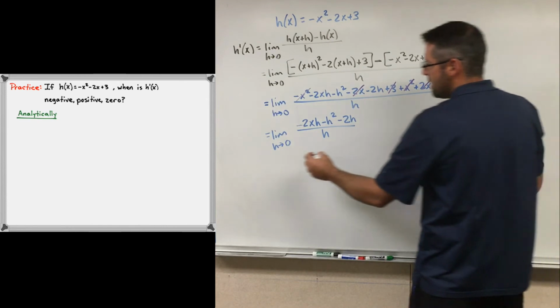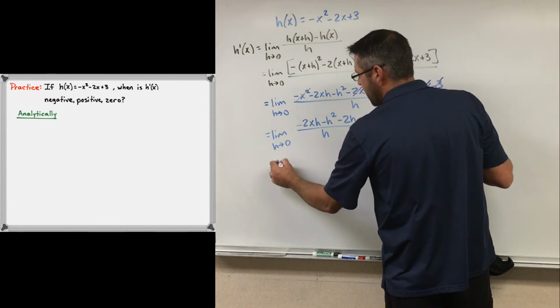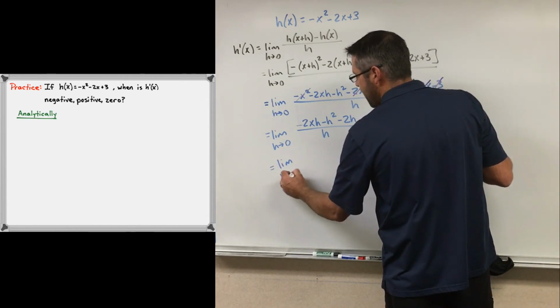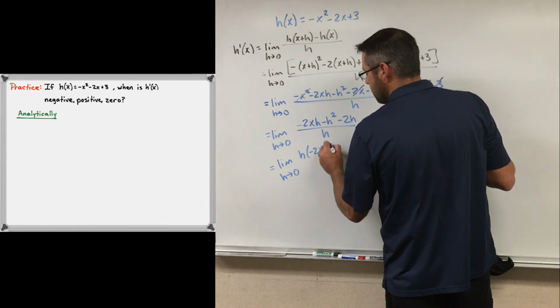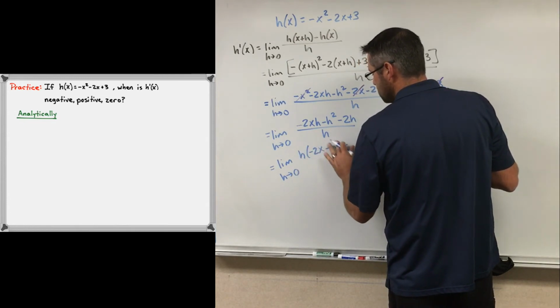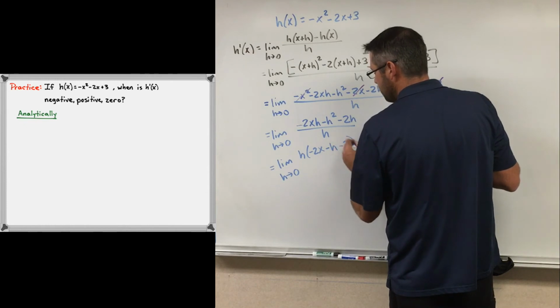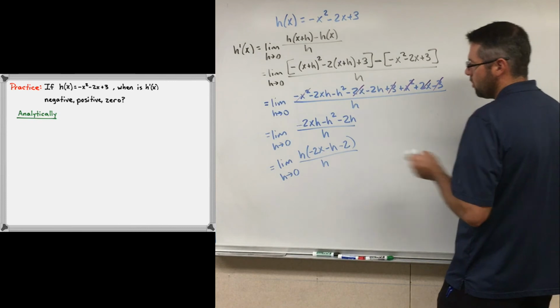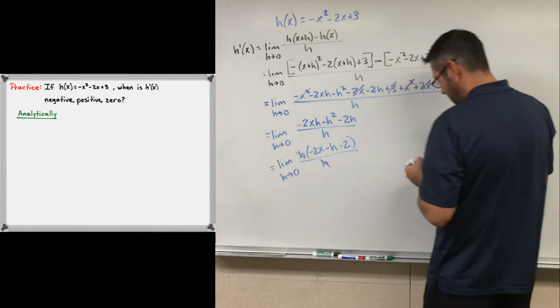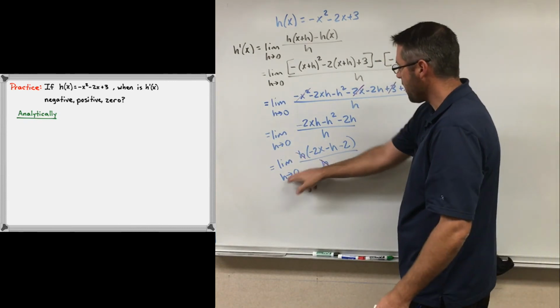And now you can see that all of those have a common factor of h. So we're going to go ahead and factor them out. So that becomes h times negative 2x minus h minus 2 all over h. And then we're going to go ahead and reduce the h's and plug in 0 for h.